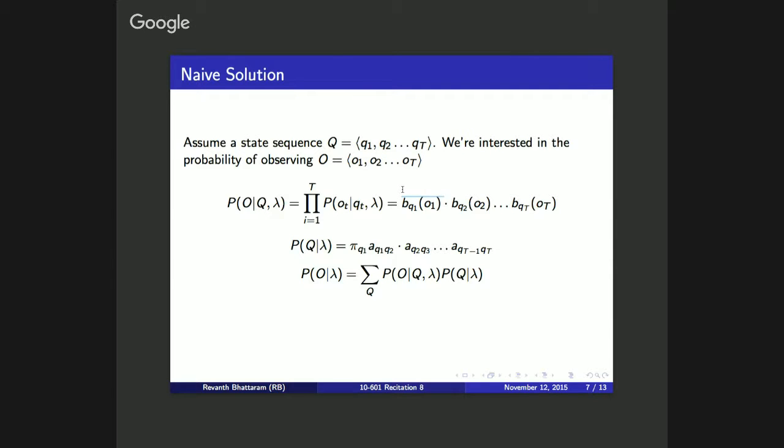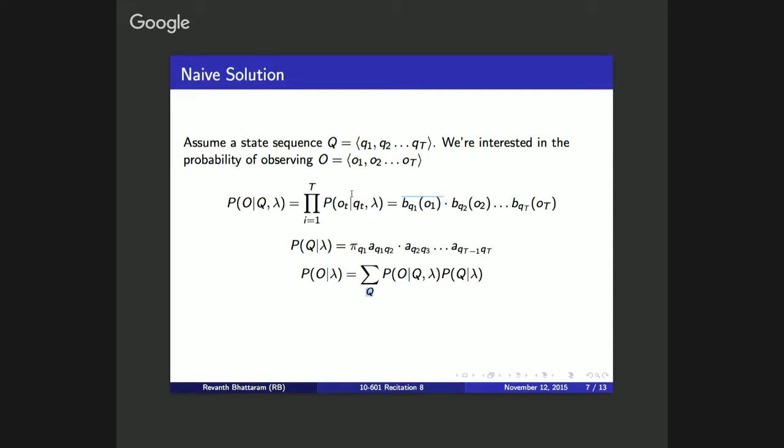Does anyone see what the problem could be here? Why could this not be a great solution? Does anyone have any idea? So the Q over here, how many possible paths can we have? How many possible state sequences can we have?